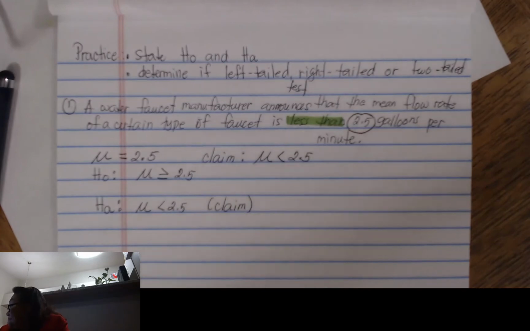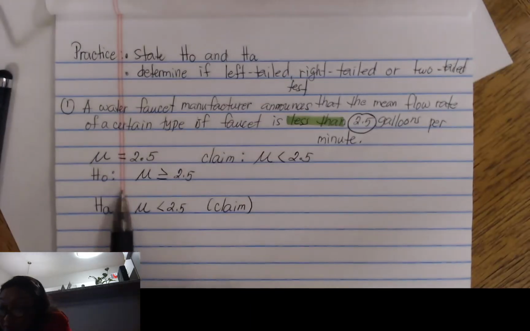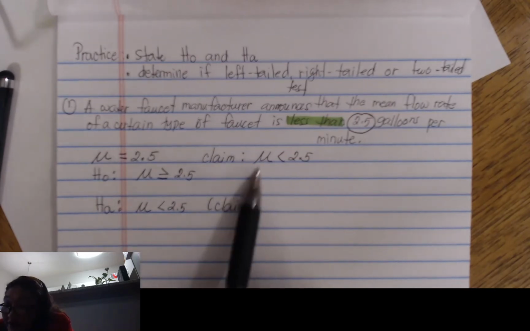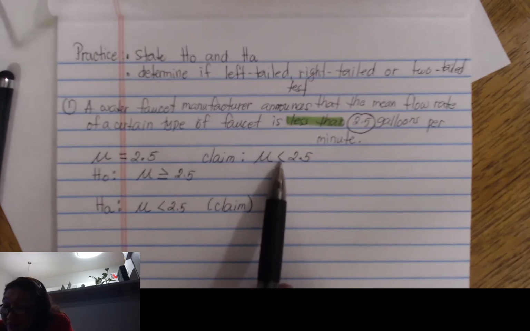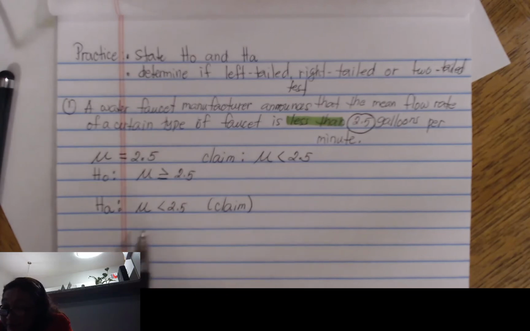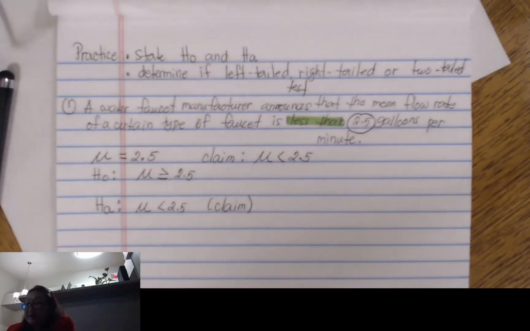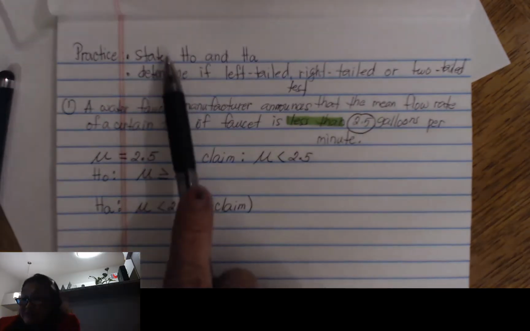You identified your claim, and because the claim has a strict inequality, meaning there's no line underneath, it is your alternative hypothesis. From here, get your null hypothesis by flipping the symbol, then put a line underneath. So this is done.